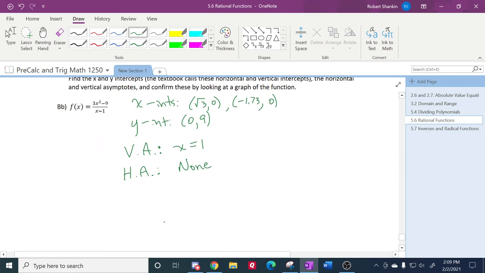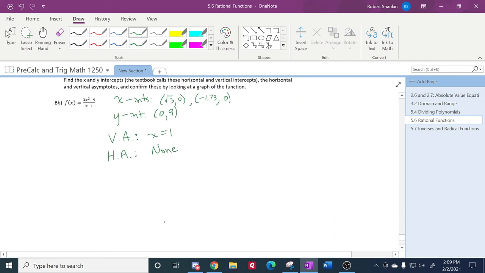So we have all this information now, and I'll put it with the graph. So 1, 2, negative 1, negative 2, and then go up to 9. 1, 2, 3, 4, 5, 6, 8, 9.